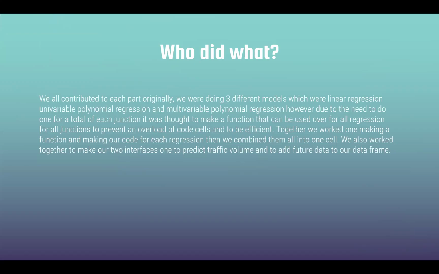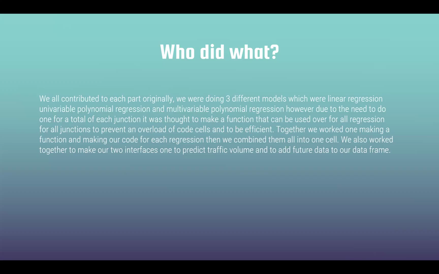Next. So who did what? We all were able to contribute in a way where we could work together to make models for our data. We first started with a cell-by-cell process, but we learned very quickly that that would take a lot of time and a lot of space in our Jupyter notebook.